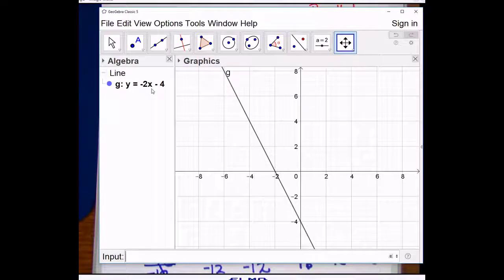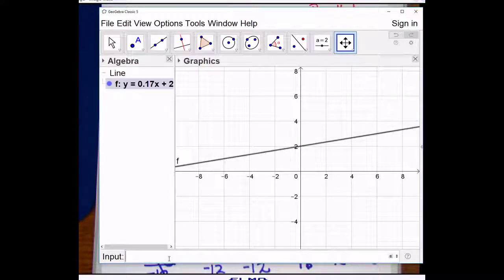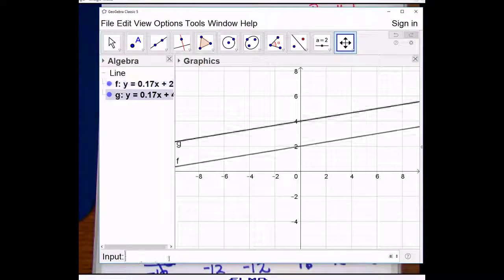Right, let's take these two off and graph the second set that I had: y equals 1 over 6x plus 2 was one equation. y equals 1 over 6x plus 4. Again, parallel lines. Side by side, never cross, same distance apart.